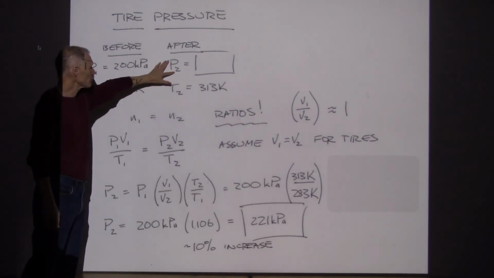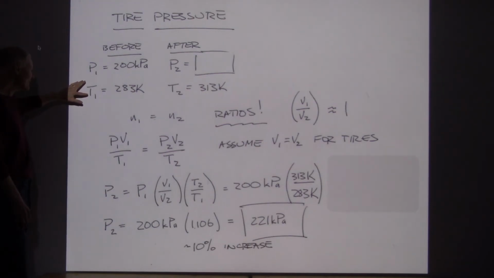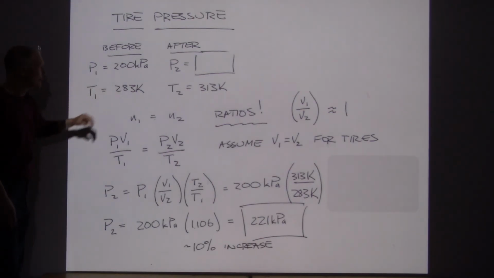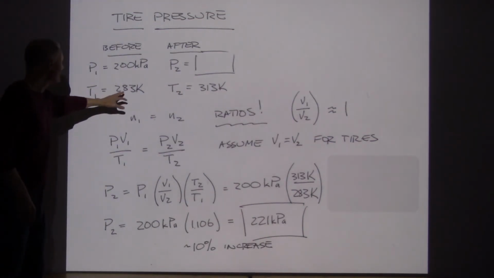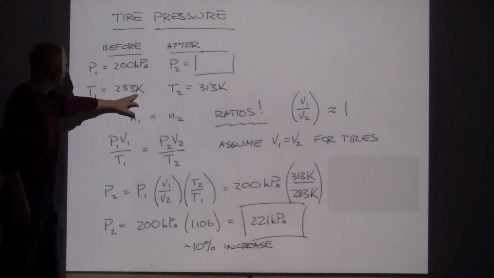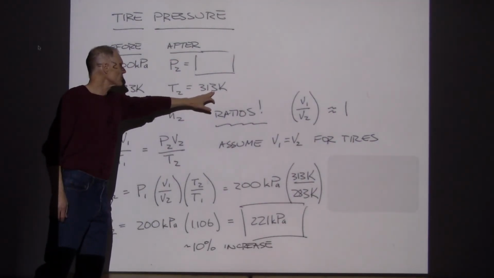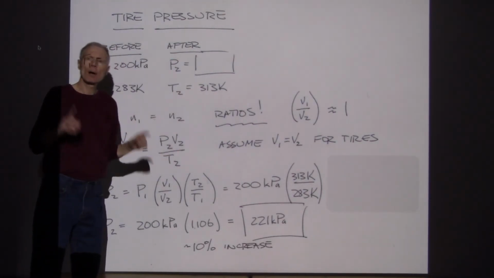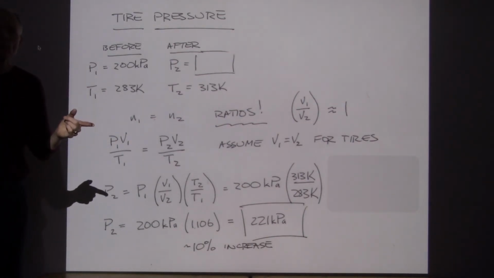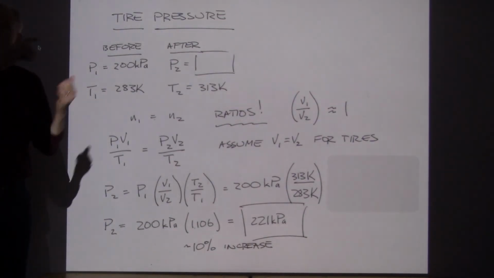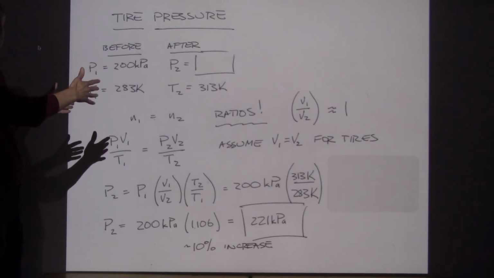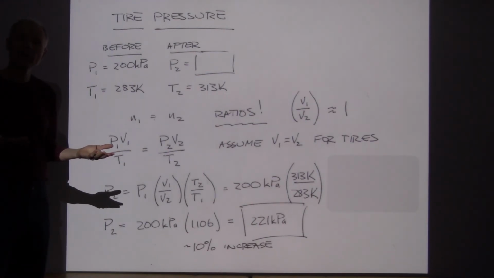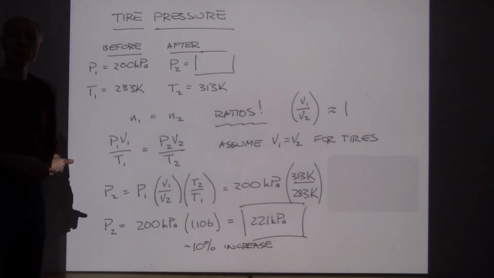Now the pressure after is what we're trying to solve. The temperature that we start at was 10 Celsius. That's got to get converted into kelvins. I did get that, 283 kelvins, and then it's going to go up to 40 Celsius, that's 313 kelvins. Once I make the switch from Celsius into kelvins, now I can look at those temperatures. Those temperatures in kelvins are going to reliably give me an idea of how much the energy of the molecules went up.